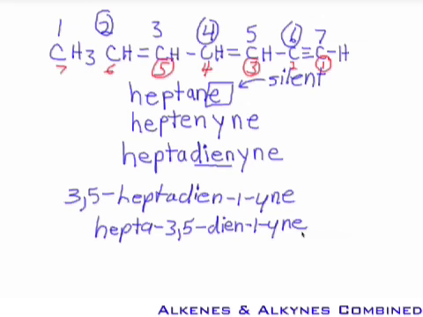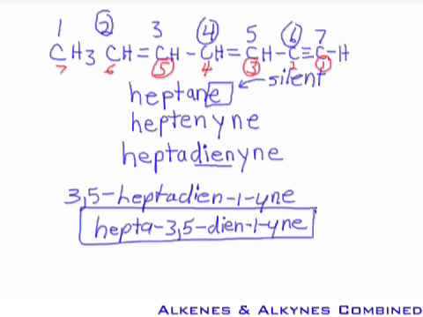So how do you do that if, say, you actually were given this name? Well, it's not that difficult. That's why I haven't been doing many of these. But all you have to do is realize that hepta comes from heptane. And that means 7 carbons.